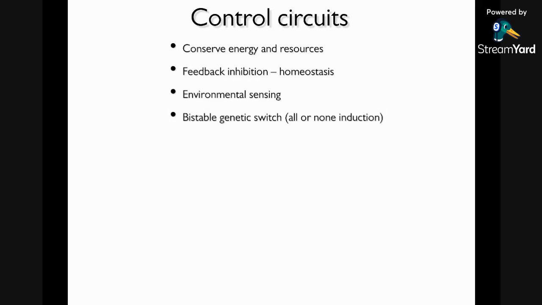All control circuits that we're going to cover, I'm going to give you 4 types in a minute as a sort of general intro. They are what we call or refer to as bistable. This just simply means they act as a light switch, but not a dimmer. So it is all or none, all or nothing induction. So the genetic switch, the circuit in question is either on or off.